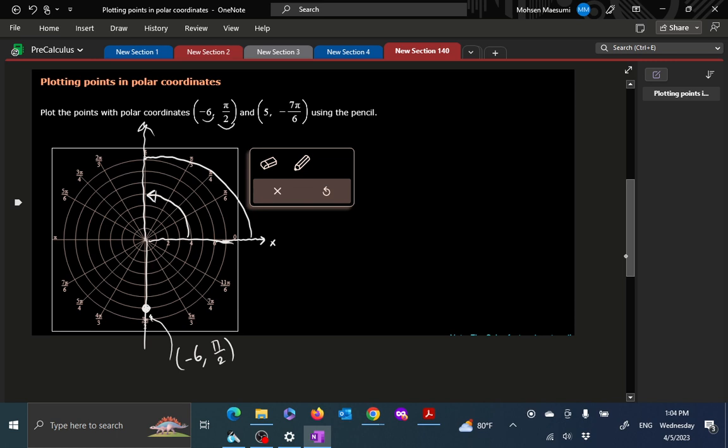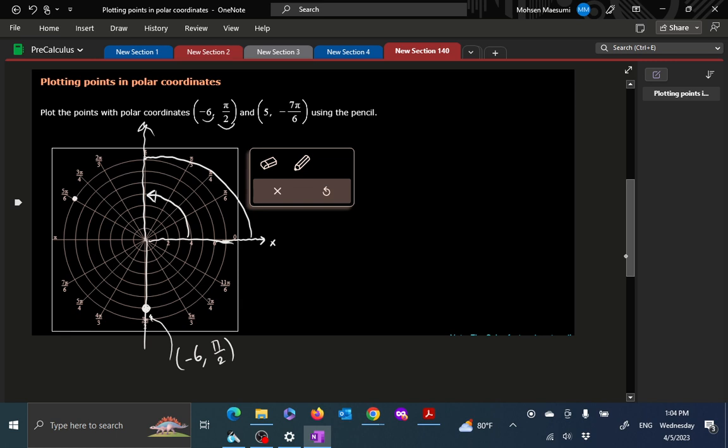The other one is (5, -7 pi/6). Notice that these angles are labeled for you in counterclockwise fashion. So if 7 pi over 6 is on this side, then -7 pi over 6 will be flipped on the other side.